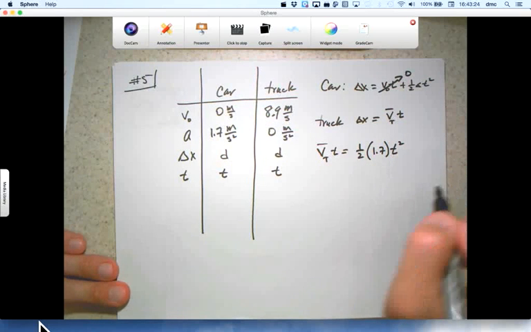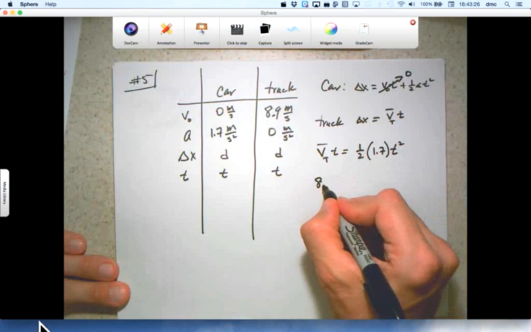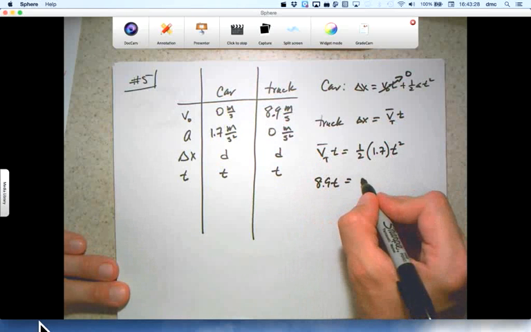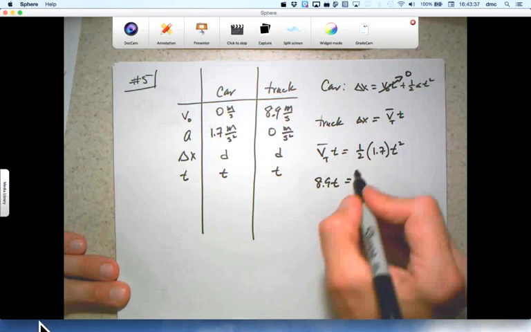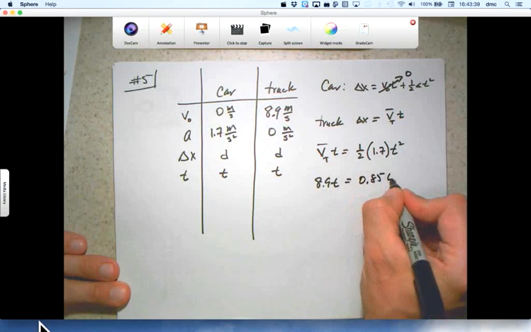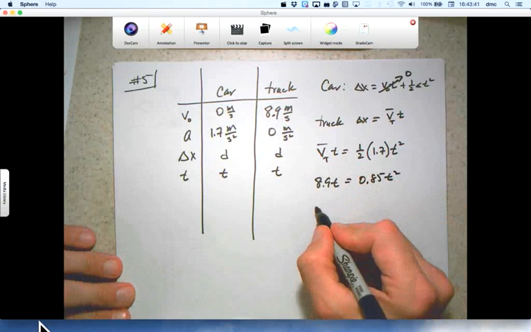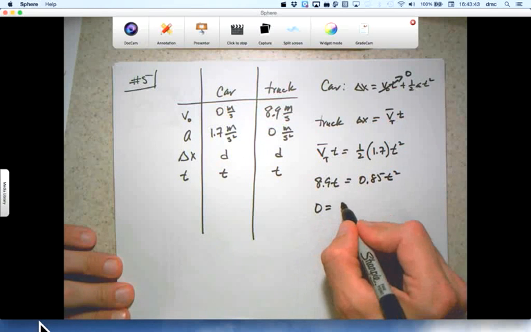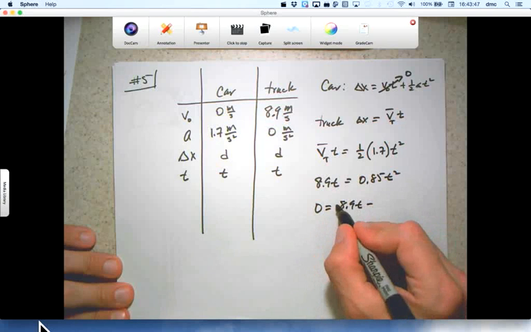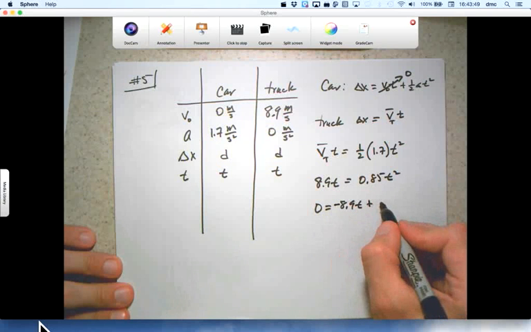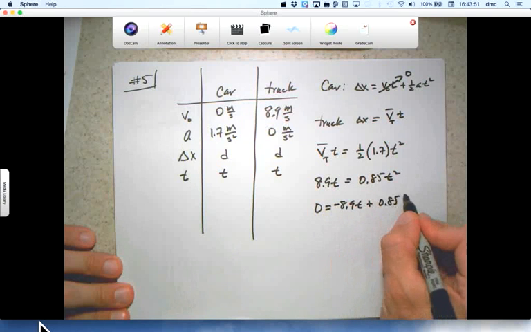So 8.9t equals, let's see, 1.7 divided by 2 is 0.85, 0.85 t squared. So 0 equals negative 8.9 t plus 0.85 t squared.